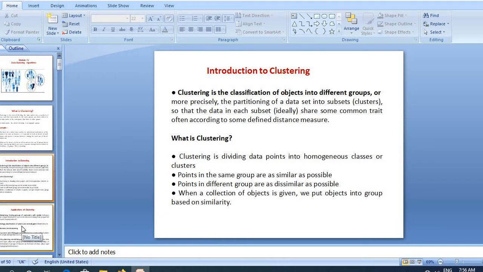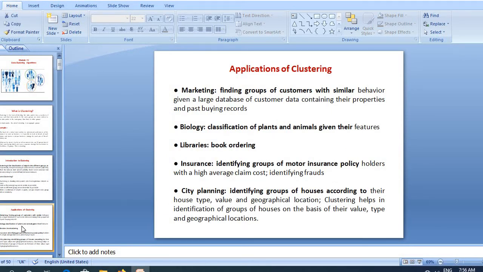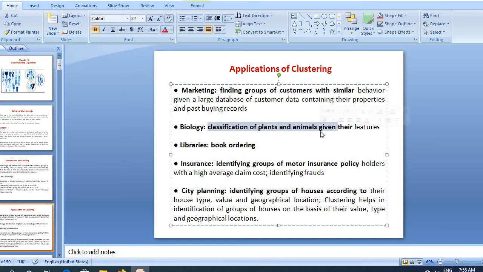Now, what are the applications of clustering? Clustering can be useful in marketing, like we said before, finding groups of customers with similar behavior. It can be used in biology, for classification of plants and animals given their features.